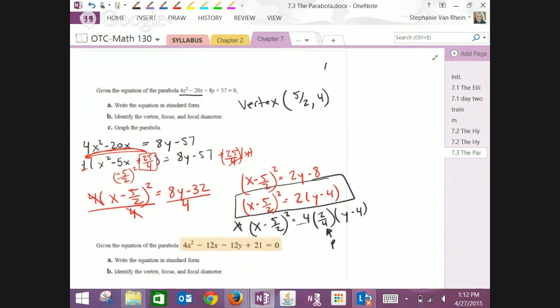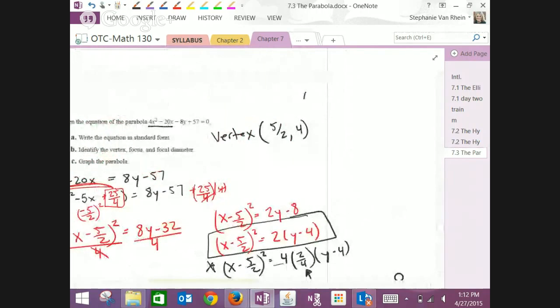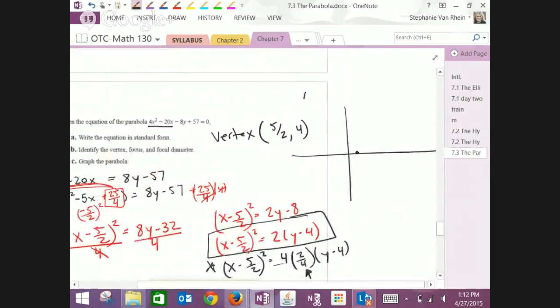So if I was to graph this, I go 5 over 2, 1, 2. 5 over 2 would be 2.5. So 1, 2, 3, 2.5. 1, 2, 3, 4. So I'm just going to say this is 5 over 2, comma 4.